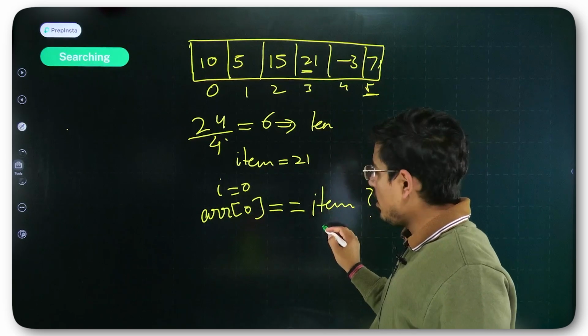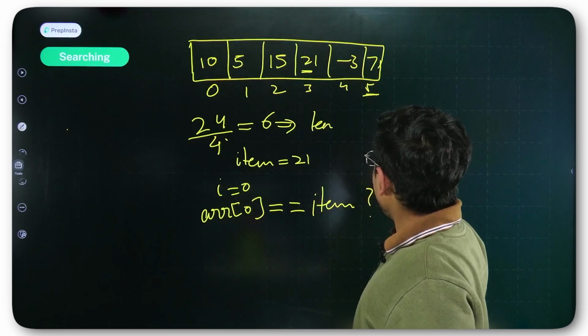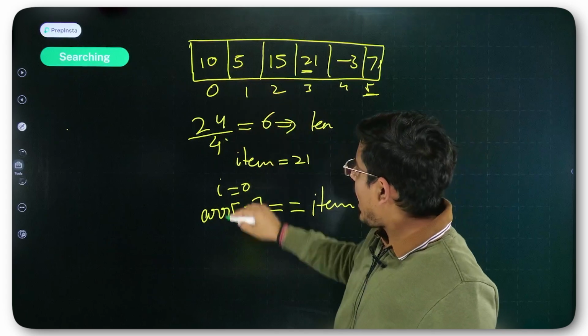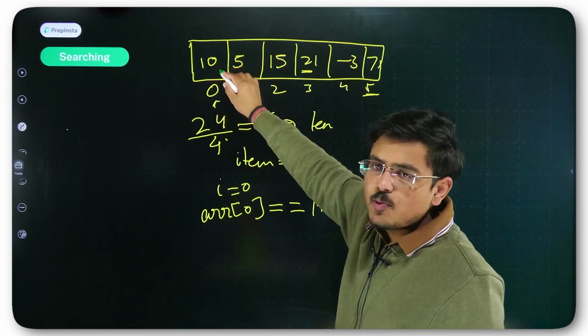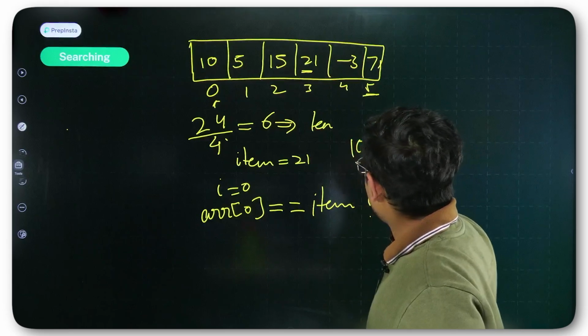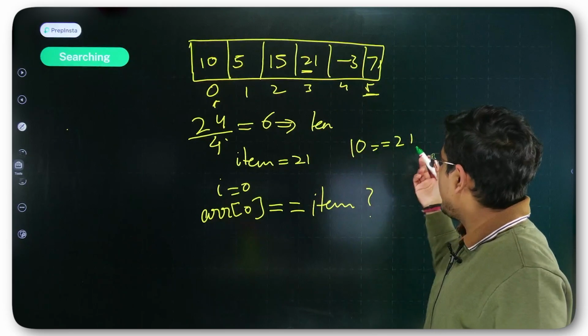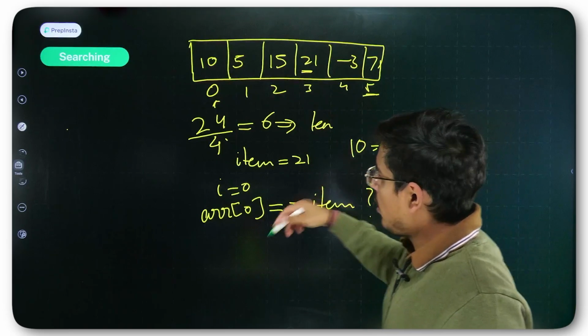Here item is 21. At this 0th index, 10 is present. Is 10 equal to 21? It's not, so it is false.